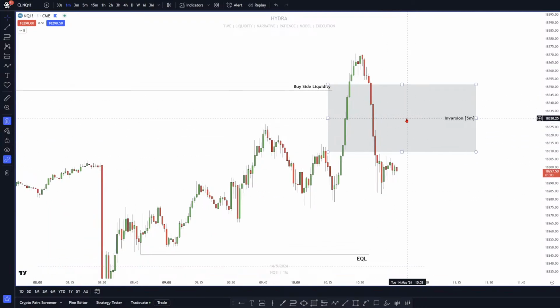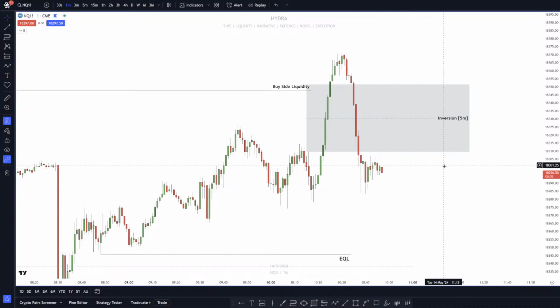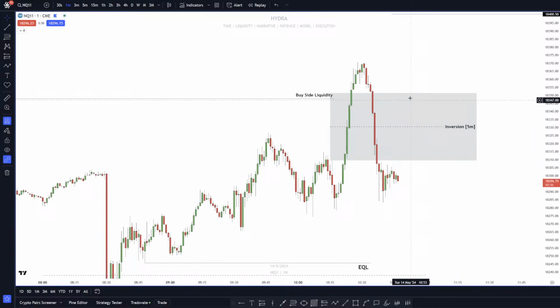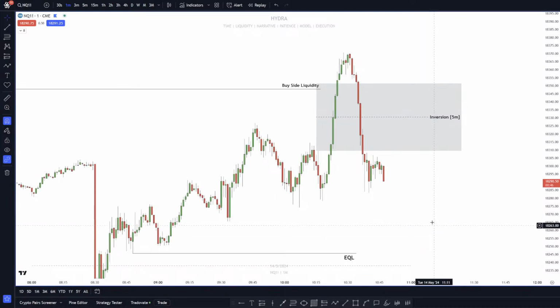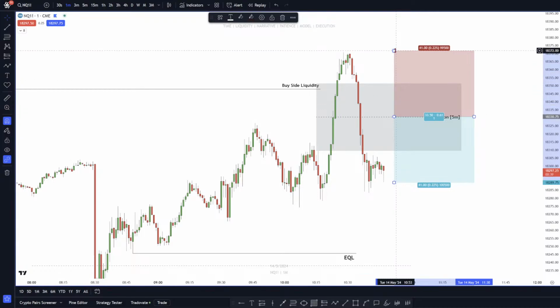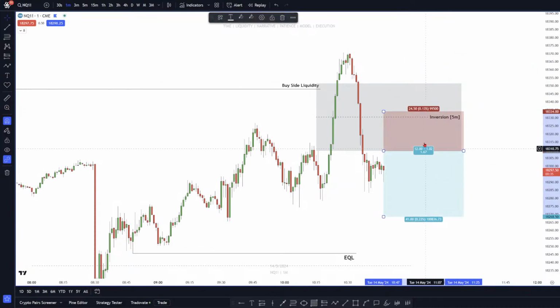If price is coming at the midway, then the narrative is going to be different. We can put it above this inversion, but if price is just coming up, hitting this fair value gap, hitting this inversion, then going down, then above the midway of this inversion. So I have two possible stop loss scenarios. If we are coming up and rejecting from up here, then the stop loss is going to be like this. If we are just tapping at the inversion and then rejecting, the stop loss is going to be like this, above the midway.